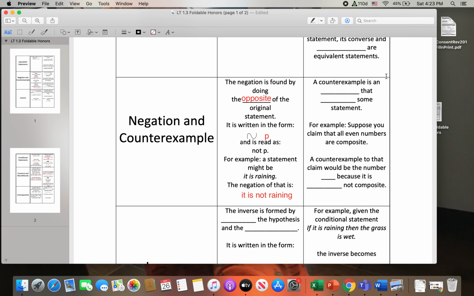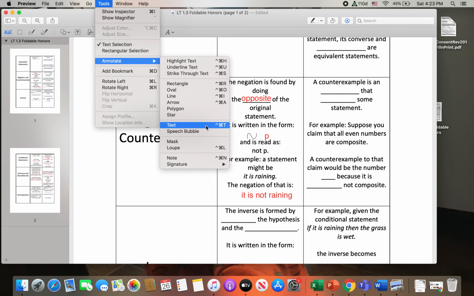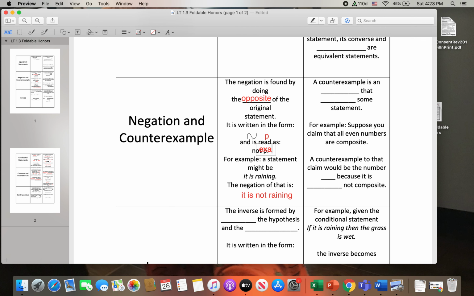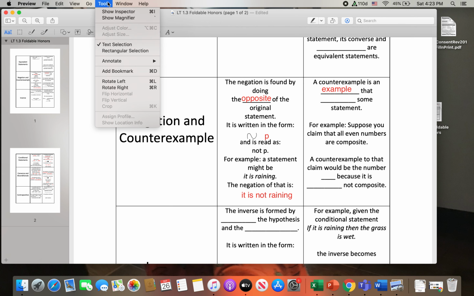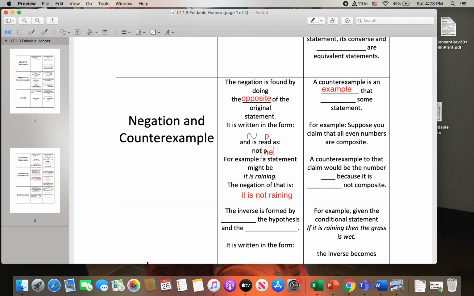A counter example is just one instance, one particular moment, one example that negates the meaning. One example that negates it.